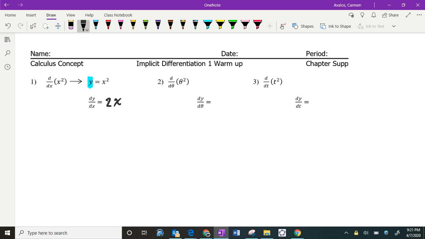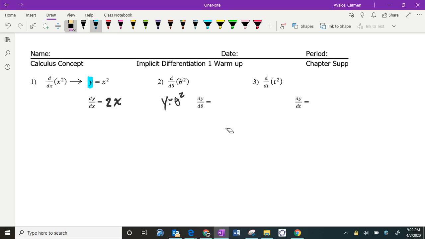Now here, we're doing it with respect to theta. This is nothing different here. The notation here is the same thing. That's the equation here. And now we are taking the change in y, because this here is the same thing as y. So we're taking the derivative, and y is equal to theta squared. That's what that's saying there.